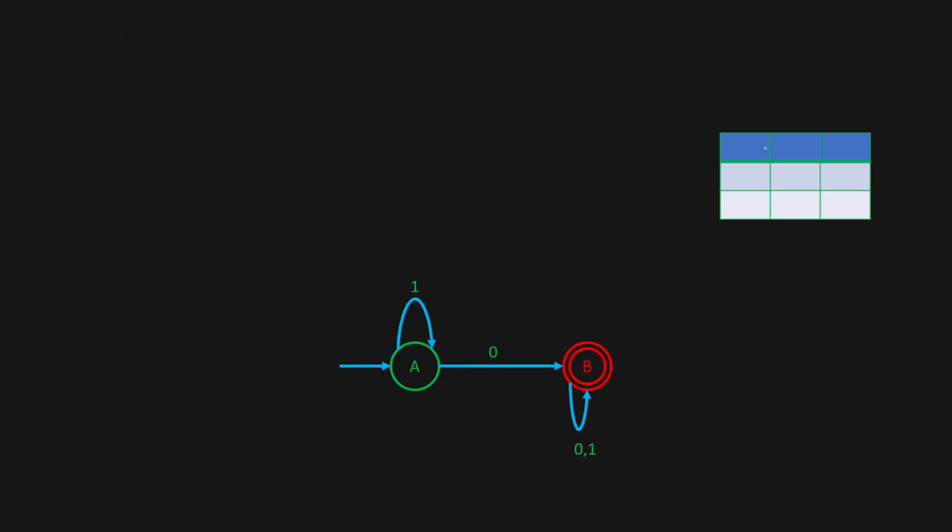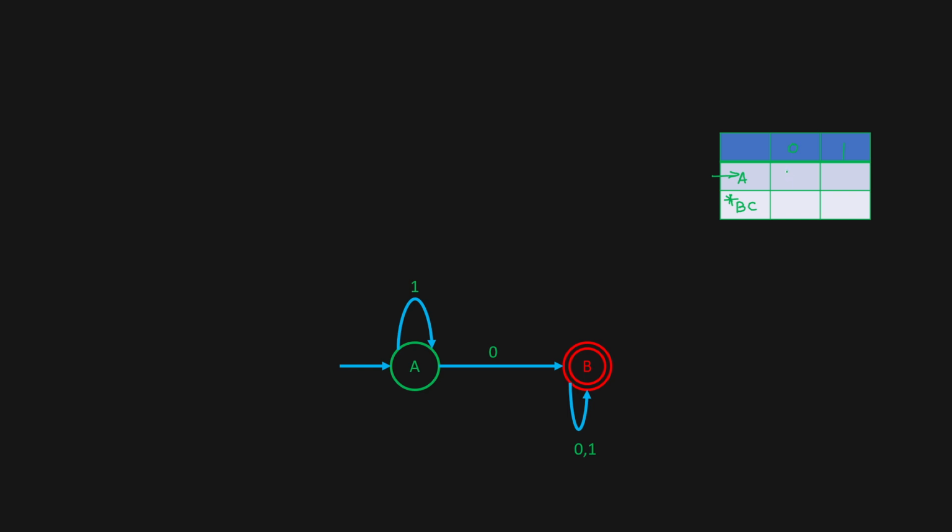As we have seen, states B and C are equivalent states. So we'll create a new state by combining them and we'll call it BC. We have got input 0 and input 1, and we have got 2 states, state A and state BC. State A is the starting state and state BC is a final state. If you get input 0 in state A, we would go to state B, but state B is not present.